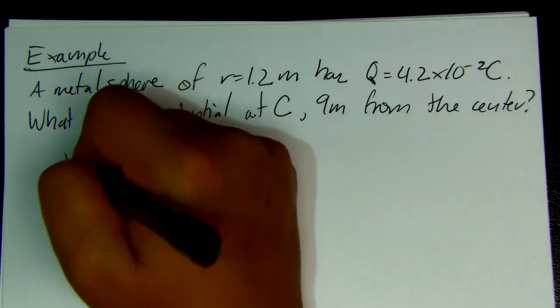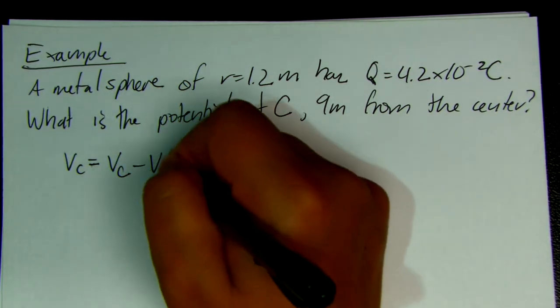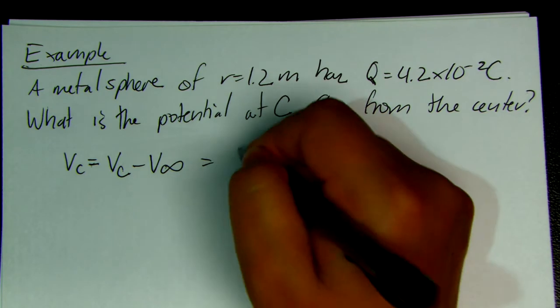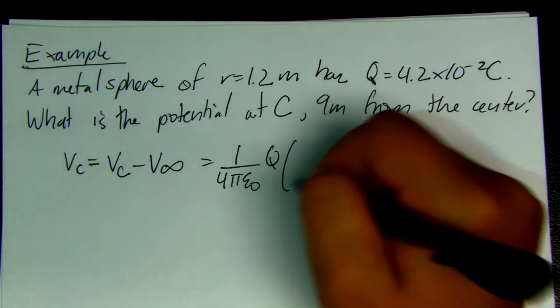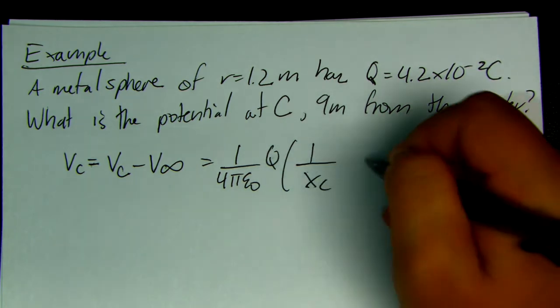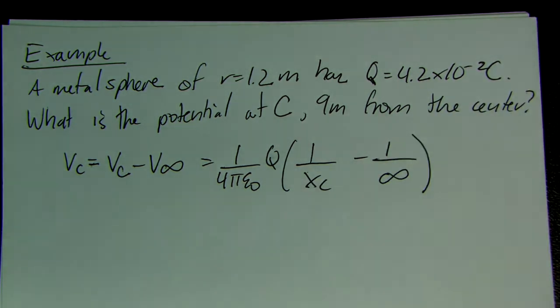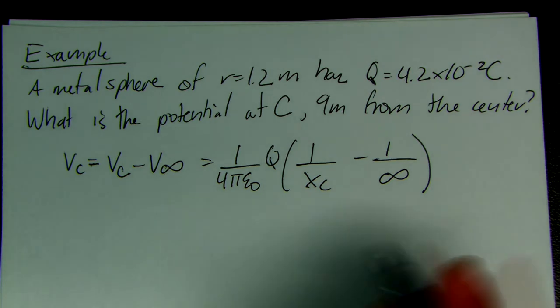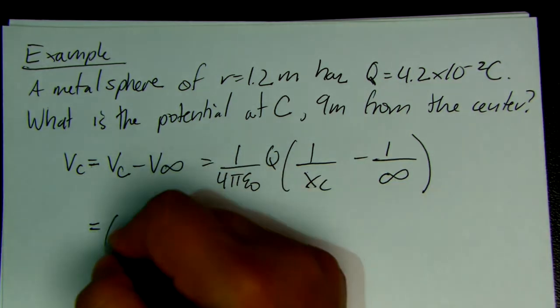Okay, so VC, which is V sub C minus V infinity, is equal to 1 over 4 pi epsilon naught Q times 1 over XC minus 1 over infinity. Now, if you are asked a question like this on a test or a quiz, I would expect to see this set up just to show me the understanding. And then in subsequent chapters, you can just use this.